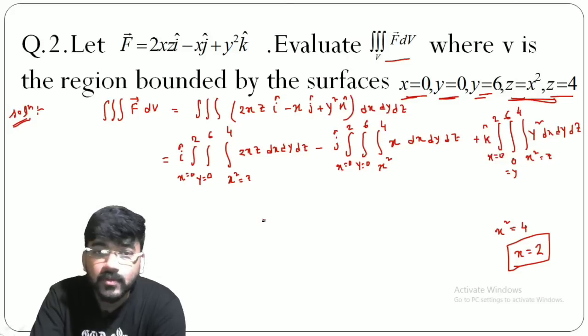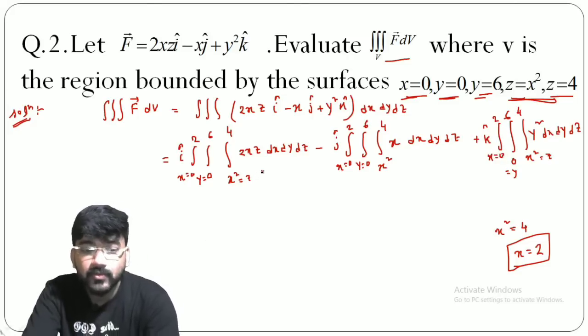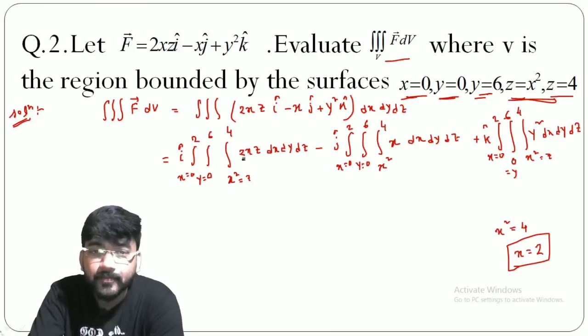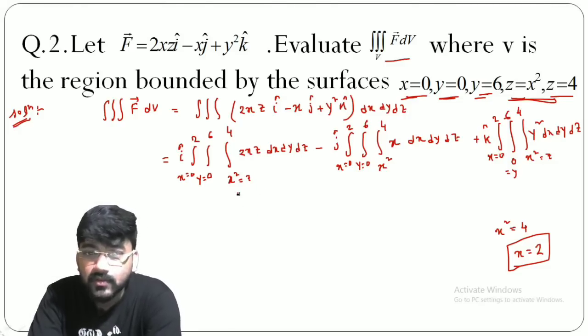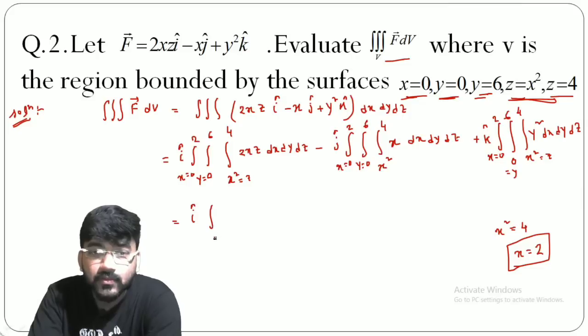This is your integration. Now it is very easy, because first you just integrate with respect to z. For the i cap term, it is the integration from 0 to 2 limit of x and 0 to 6 limit of y, and the integration of z dz will be z square by 2, with the limit of z from x square to 4.